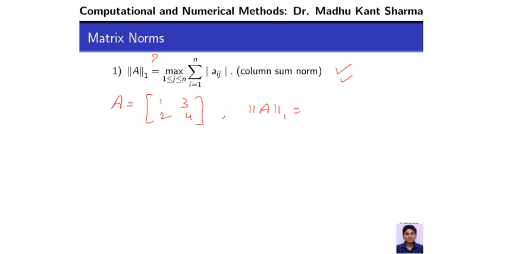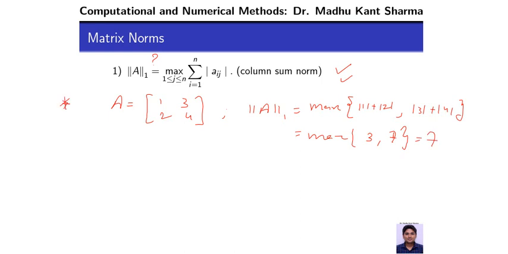You take the maximum of the sums of the magnitudes of the entries in each column vector. So you have magnitude of 1 plus magnitude of 2 in the first column, magnitude of 3 plus magnitude of 4 in the second column. That is the maximum of the set: 1 plus 2 is 3, 3 plus 4 is 7. So the norm is 7.